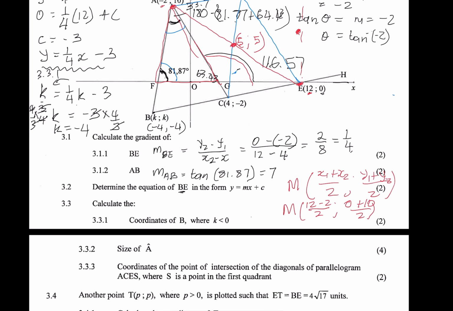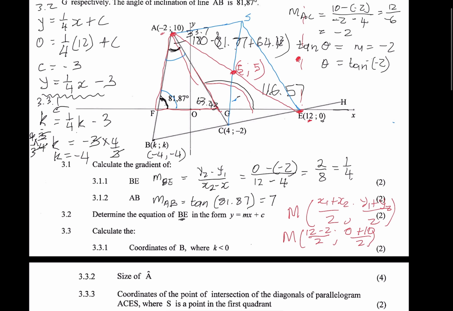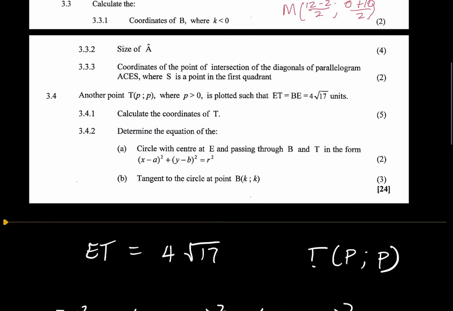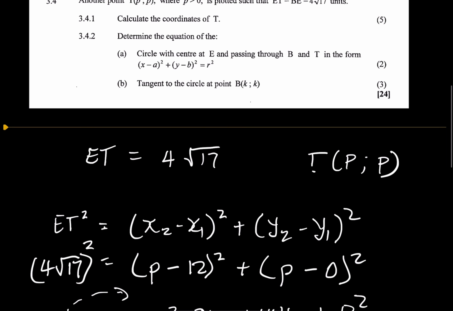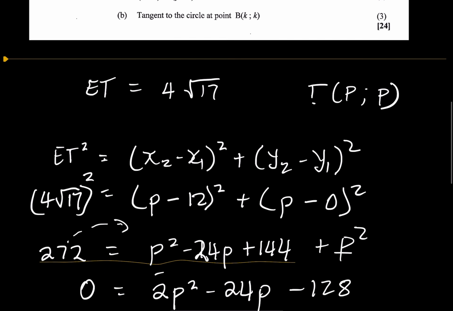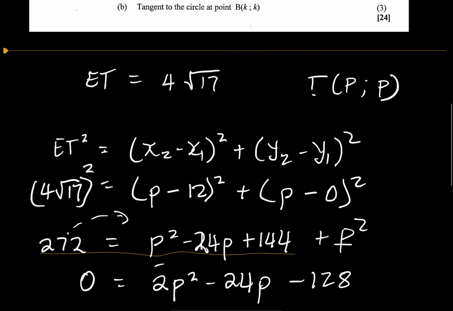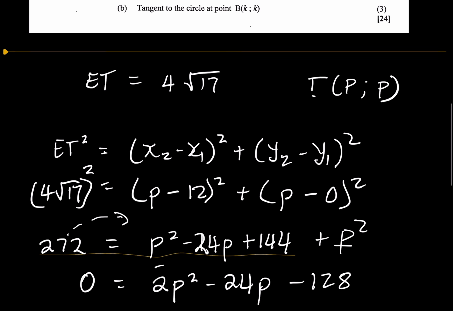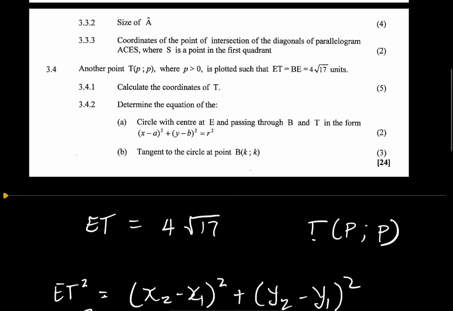Now, remember, B is the point -4 and 4. T was the point that we calculated there. So, we didn't know the distance ET, did we? Oh, yeah, they said it passes through.